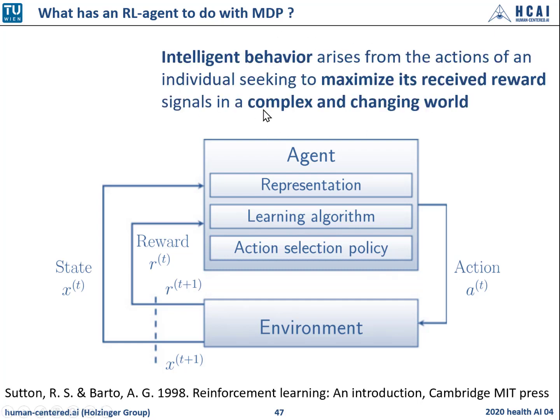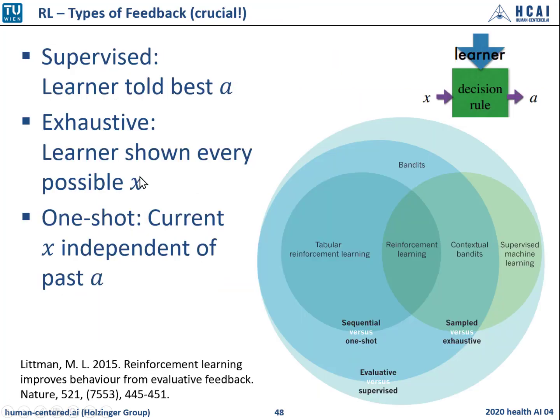So we can summarize this together for you. Intelligent behavior arises from the action of an individual seeking to maximize its received reward signals in a complex and changing world. So, reinforcement learning, types of feedback, this is crucial. One really crucial step is the decision on the type of machine learning feedback.